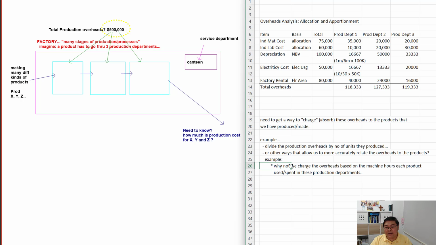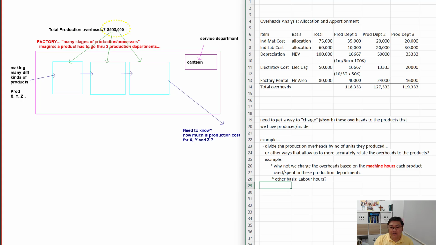Likewise, if you find that machine hours is not the most ideal thing, then we could always say, why not we use other bases like the labor hours?